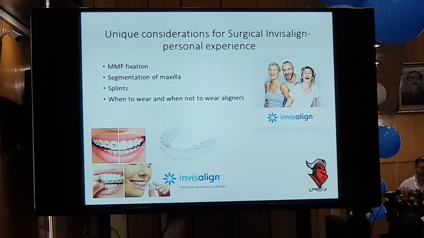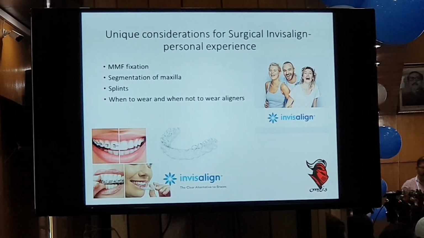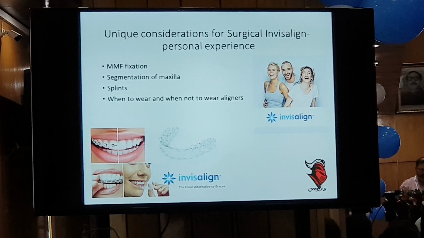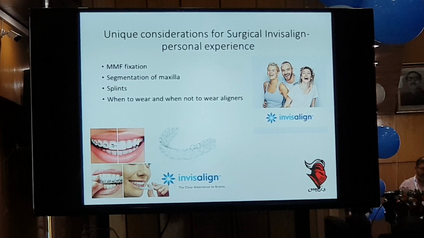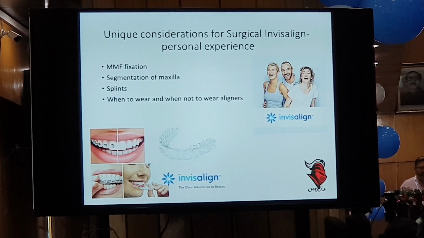And so we've had to come up with different ways to do this. Segmenting a maxilla and getting those segments to stay in the position that we want them to is also a challenge when you have somebody who has Invisalign. We have to develop different types of splints rather than the conventional orthognathic splints in Invisalign patients.